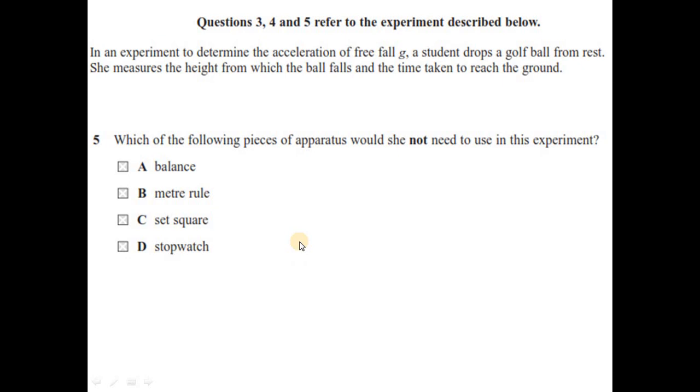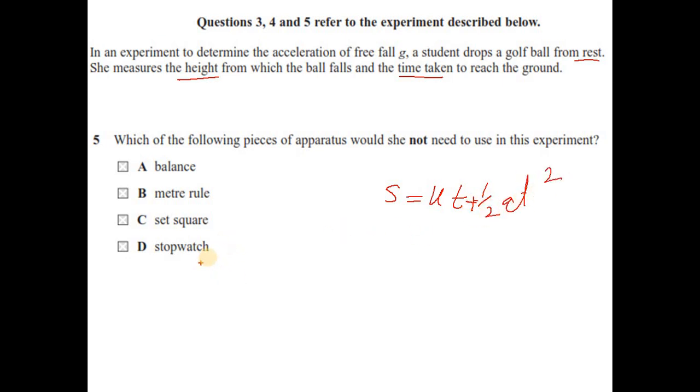Question number 5. Which of the following pieces of apparatus would she not need to use in this experiment? Again, the ball is dropped from rest, we have a time, we have a height, and we are using the equation s equals ut plus half at squared.